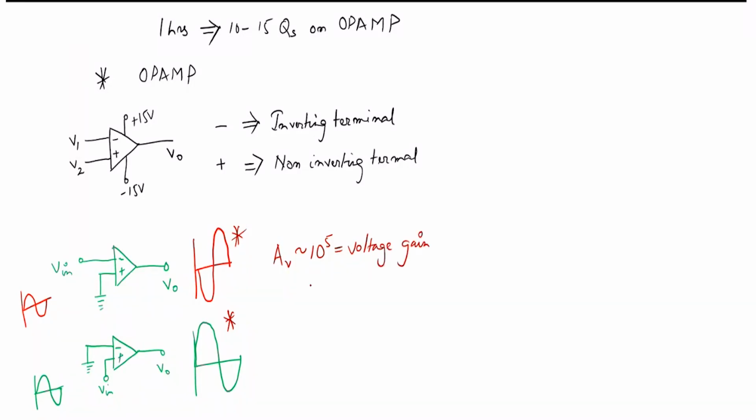So 10 to the power 5 means, suppose I give 1 millivolt as an input, then what will be the output? 1 into 10 to the power minus 3. Let me write it properly so that you can follow. The output will be AV into V input.